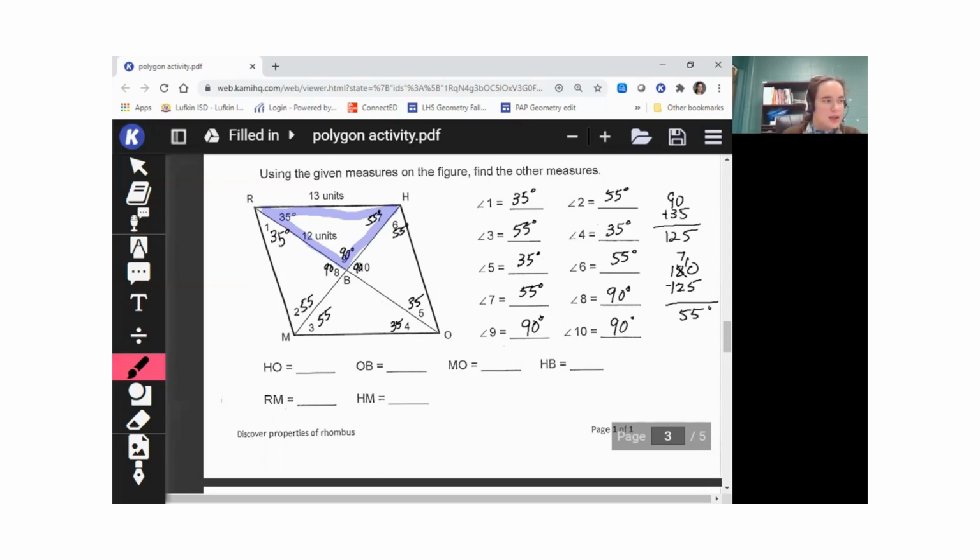Next up, we're looking at sides. So first one, HO. HO is a side of this rhombus. And remember, our sides are congruent, so HO is 13 units. And OM is 13 units.